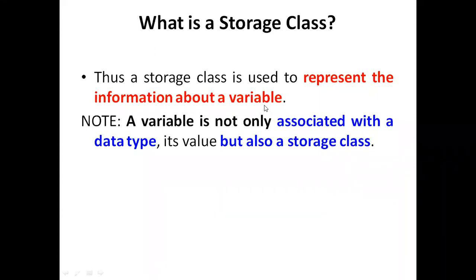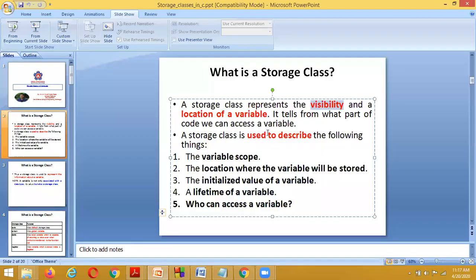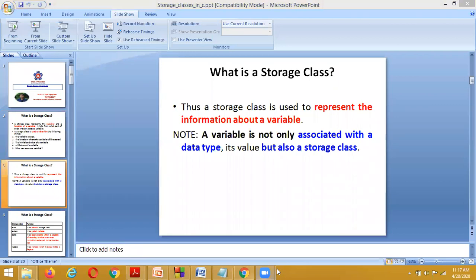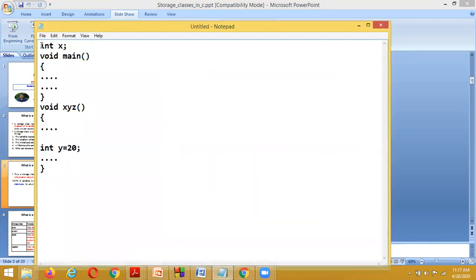Which type of information is it going to indicate? Suppose I declare it as auto, then this variable is an auto type variable. If I indicate it with the keyword static, then this type of variable is called static.